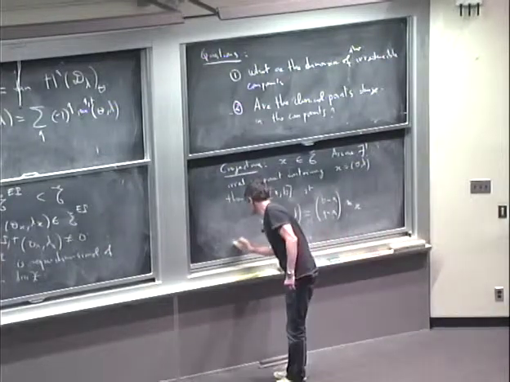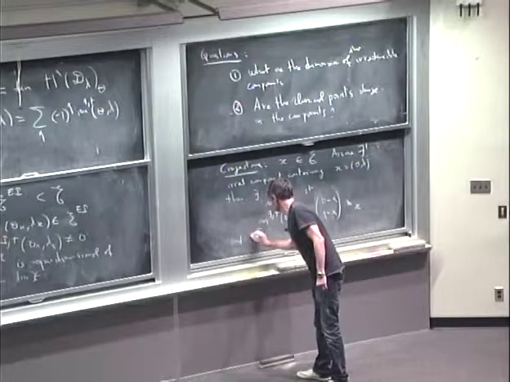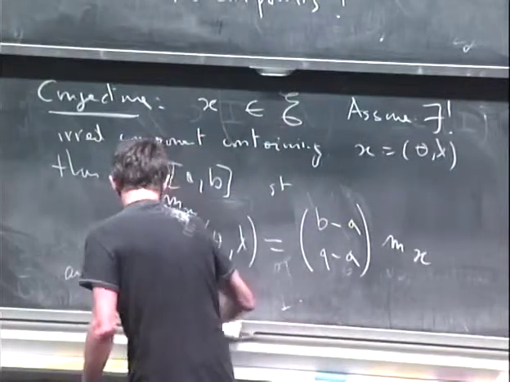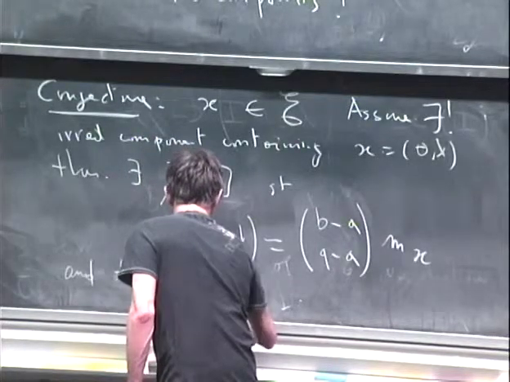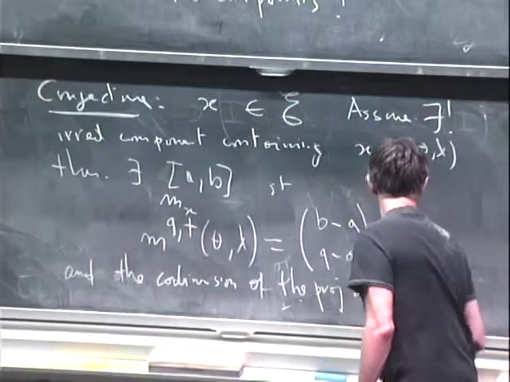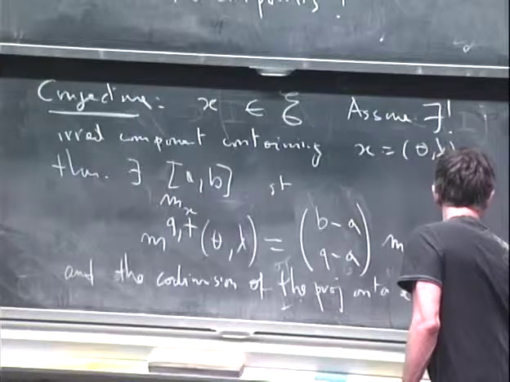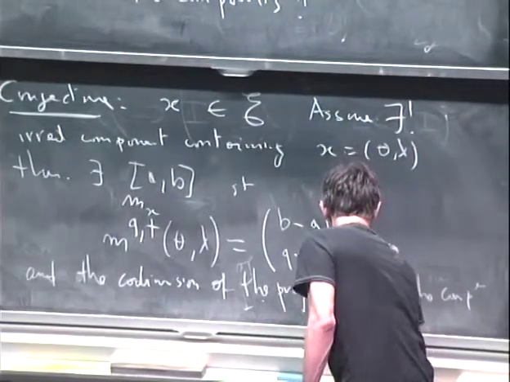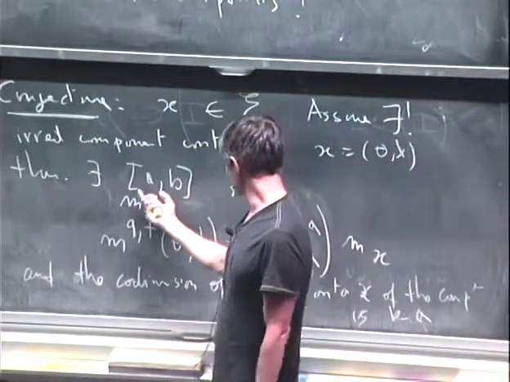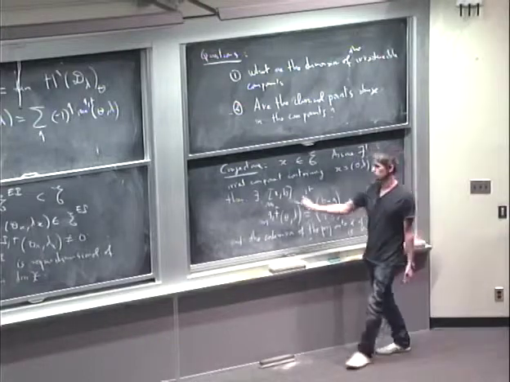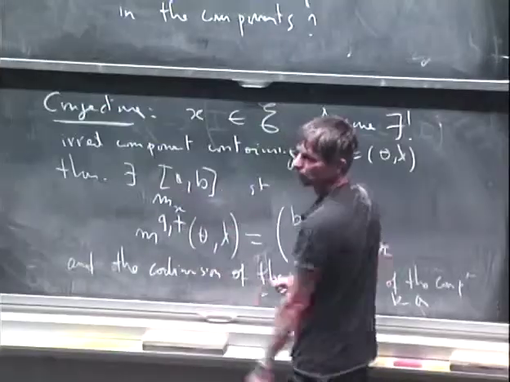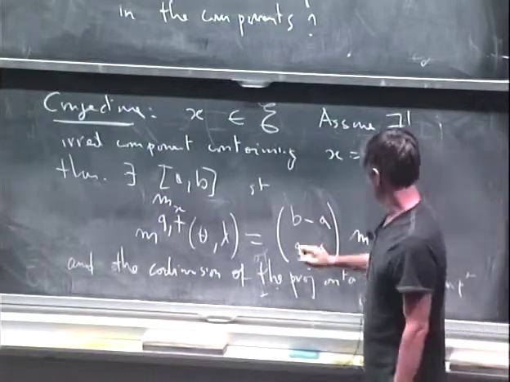And the codimension of the projection onto X of the component is exactly B minus A. So in particular, you see that this formula tells you that the multiplicity vanishes outside the interval [A,B] and is given by a multiple of some binomial coefficient.